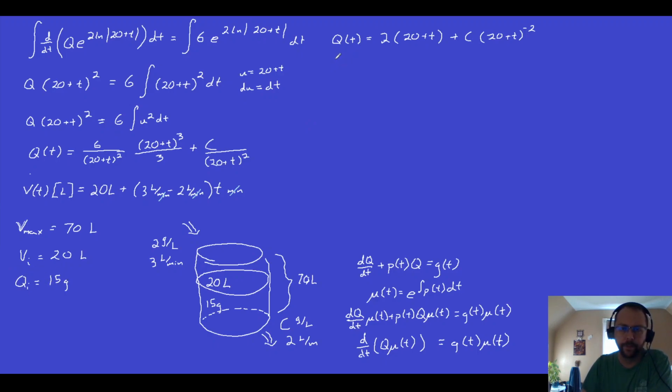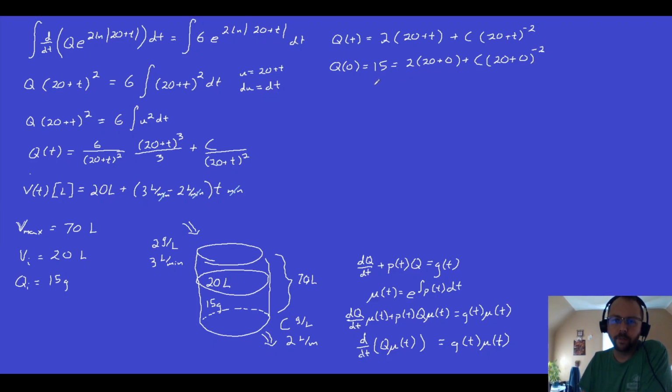So the quantity of salt at time 0 equals 15 grams, which is equal to 2 times (20 plus 0) plus c times (20 plus 0) to the negative 2.